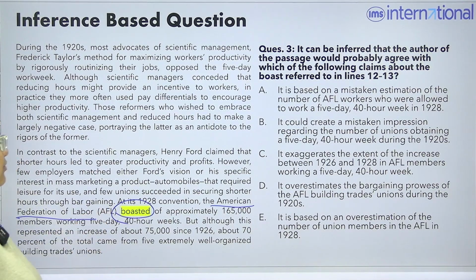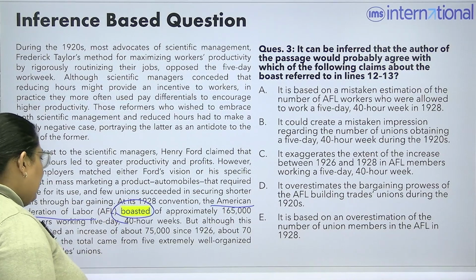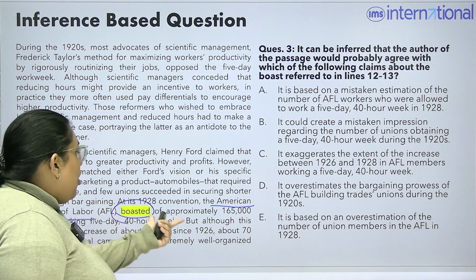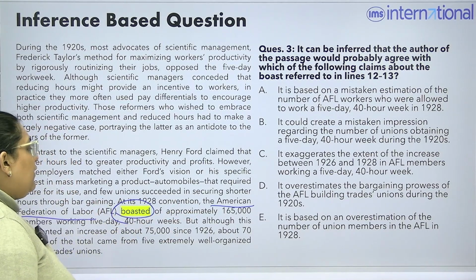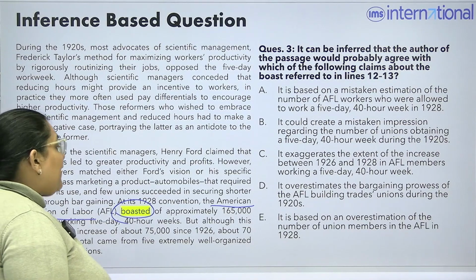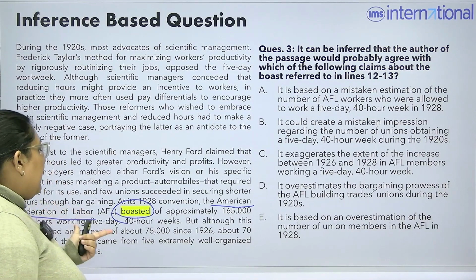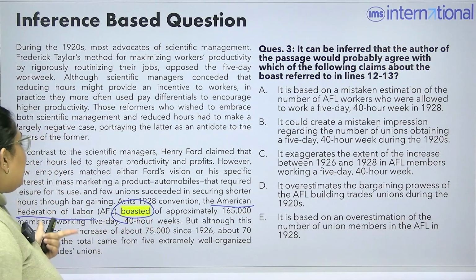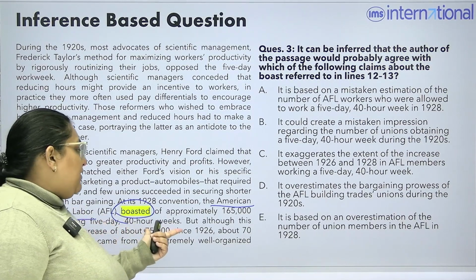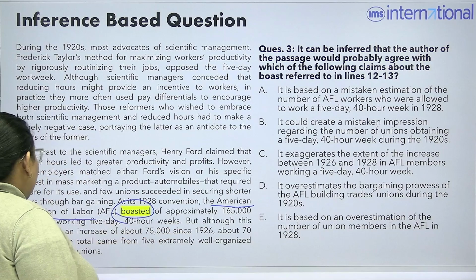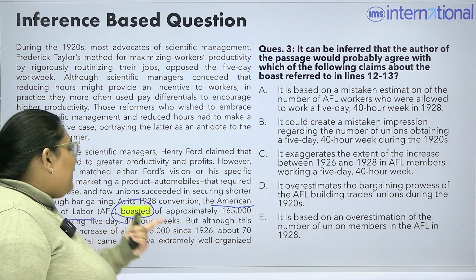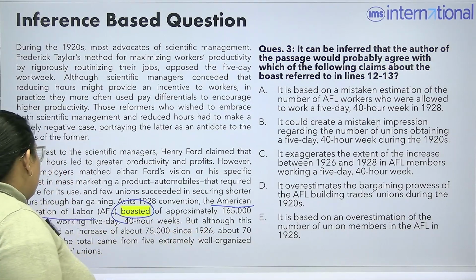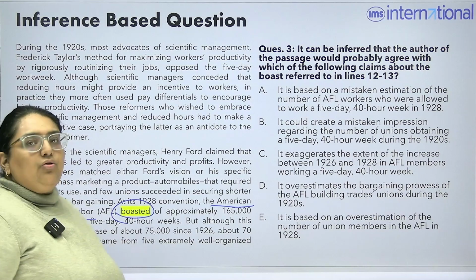At the 1928 convention, the AFL boasted of approximately 165,000 members working 5-day 40-hour weeks, but although this represented an increase of 75,000, about 70% came from the 5 extremely well organized building trade unions.